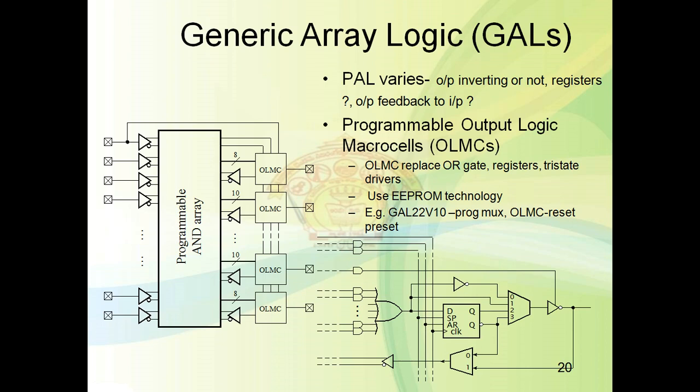So the OLMC contains the OR gate, register and tri-state driver, and the programmable AND array remains as it is.